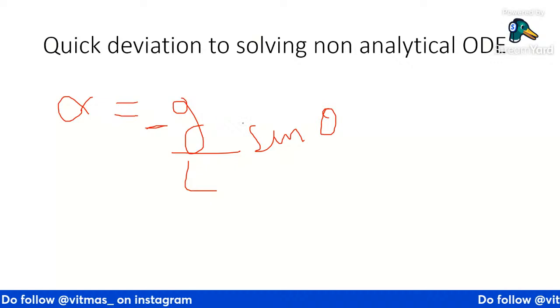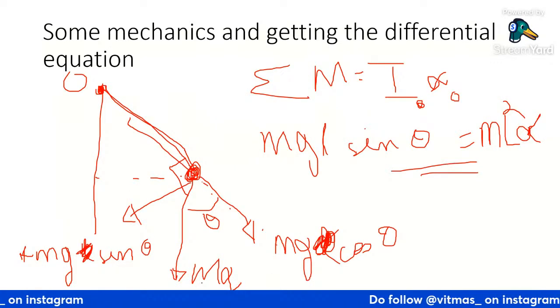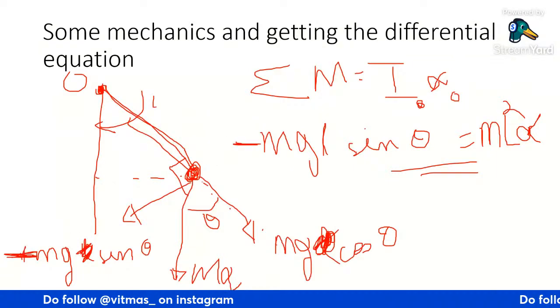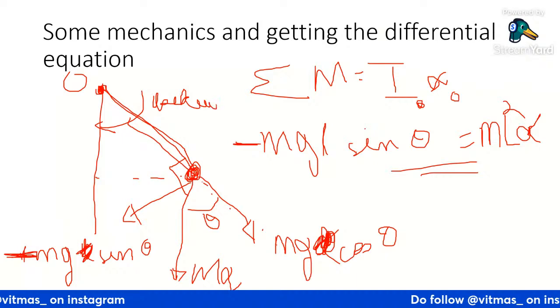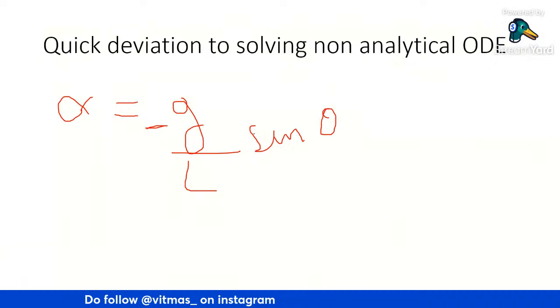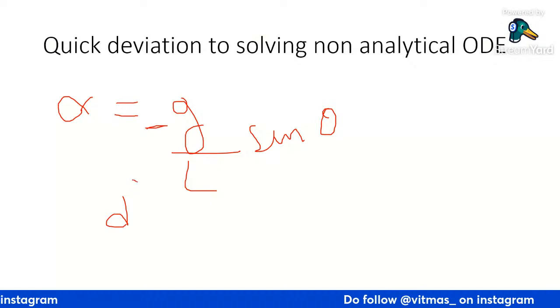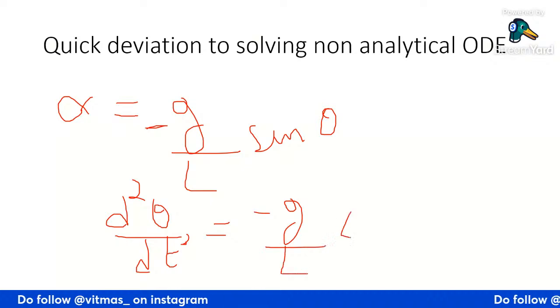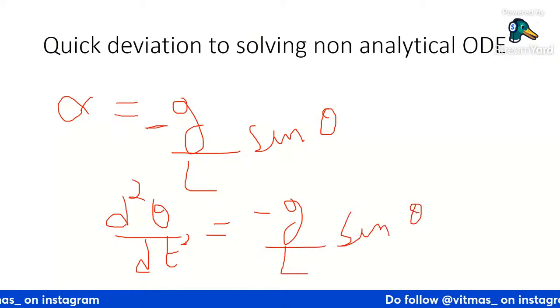We have a minus sign, because we are taking clockwise torque here. So that's the correction you need. So this is minus g by L sin theta. Now this is a differential equation, right? d squared theta by dt squared is equal to minus g by L sin theta, right?